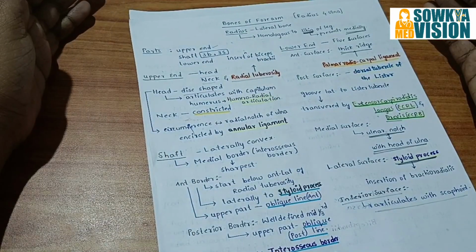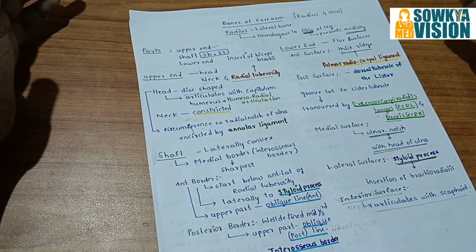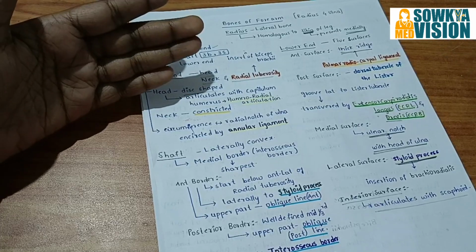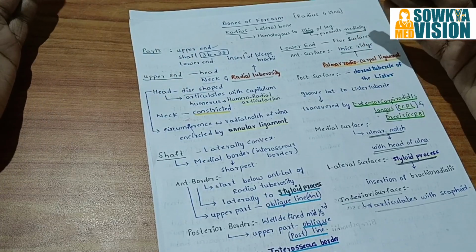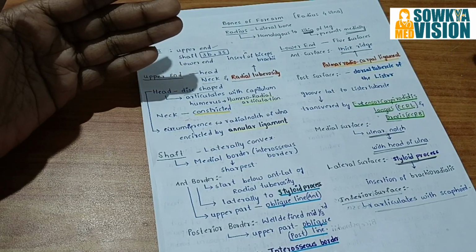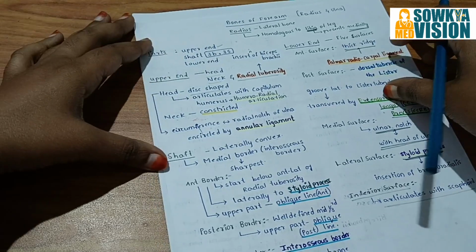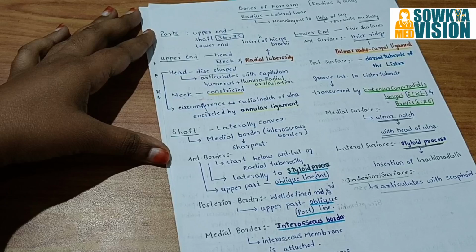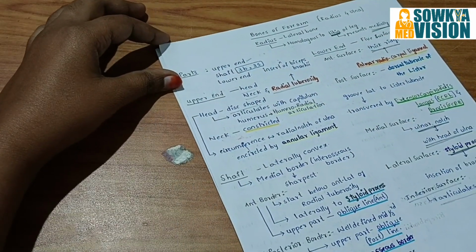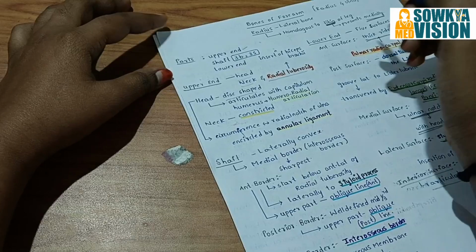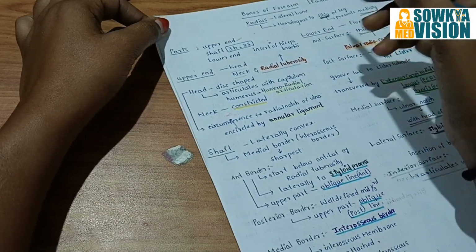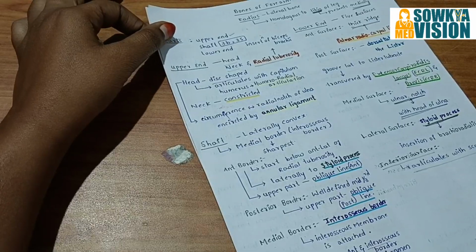Now, as I said, the bones of forearm are radius and ulna. Radius is presented laterally, whereas ulna is presented medially. The radius is homologous to the medial bone of leg, that is tibia. Radius is a long bone which contains three parts: upper end, shaft, and the lower end. The main features of the upper end are head, neck, and radial tuberosity.